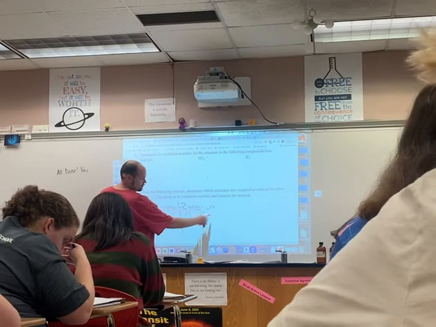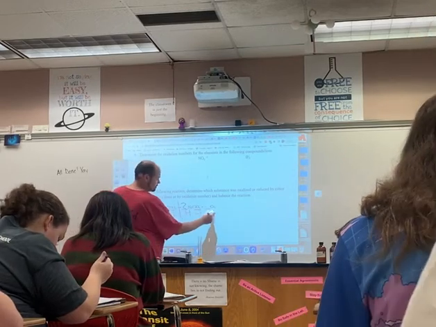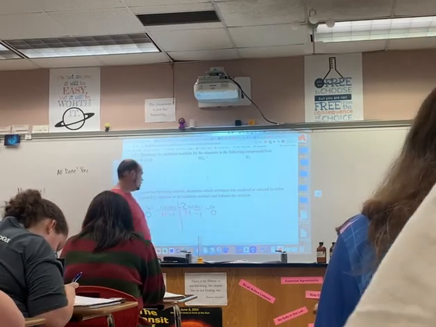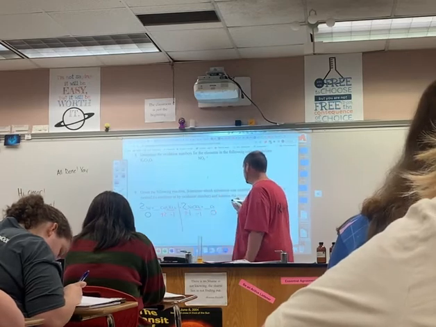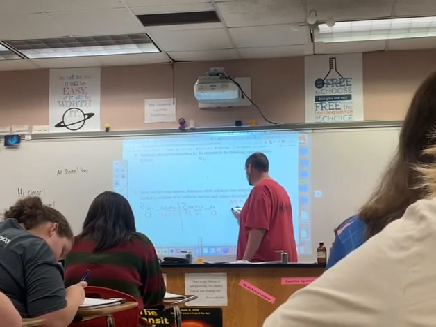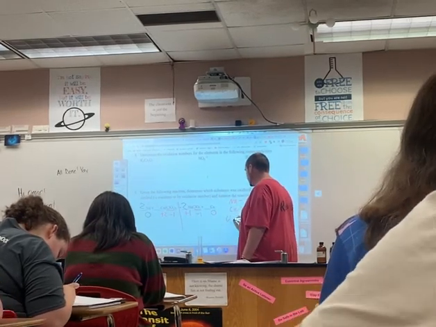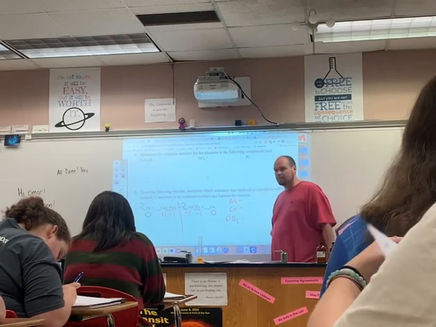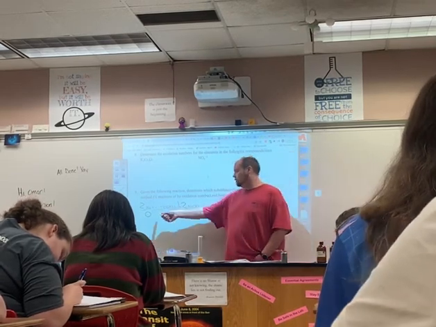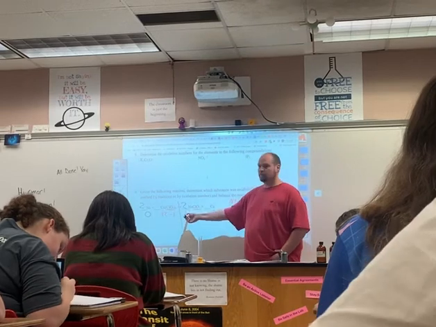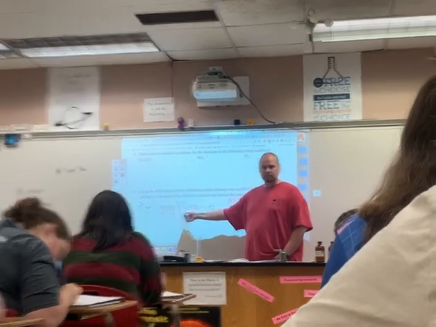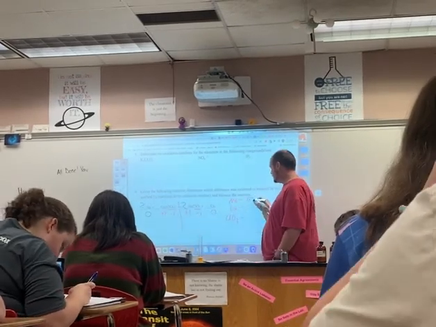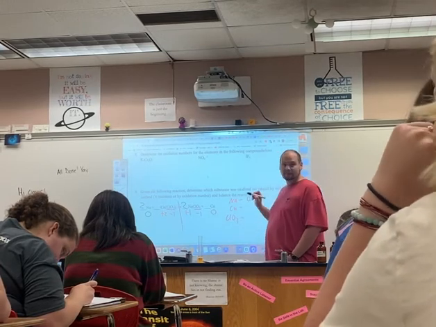What's the oxidation number of copper? 0, because it's by itself. Then all you have to look at now is my 3 substances: sodium, copper, and then in theory, chlorate. Sodium is a 0 on the left, it is a +1 on the right. Did it go up or down? That's an oxidation, or an anode.